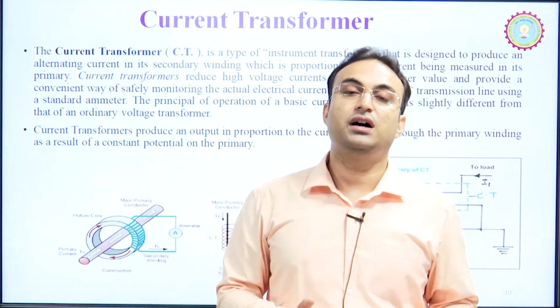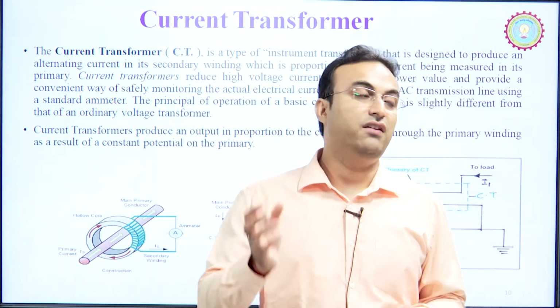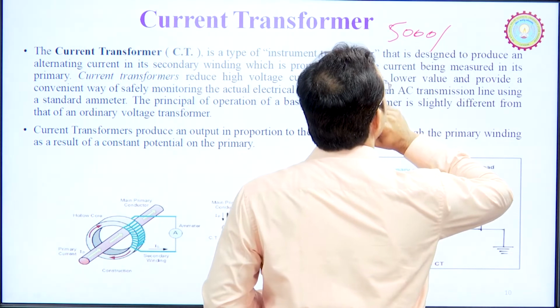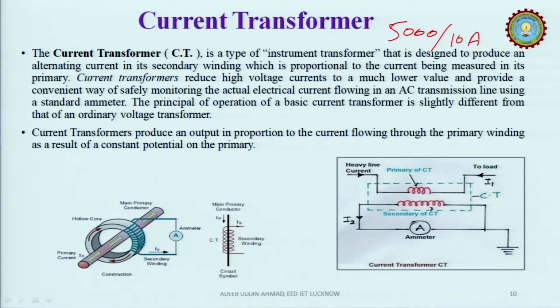Suppose we have a CT of 5000 by 5 ampere. If the secondary has 5 ampere current, we can understand the primary also has 5000 ampere current, because the CT has a ratio of 5000 to 5. If the secondary has some 4 ampere current.